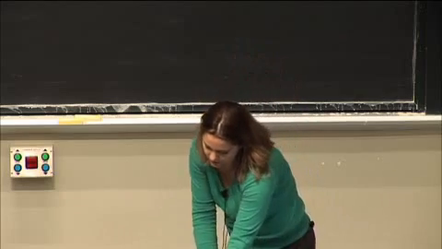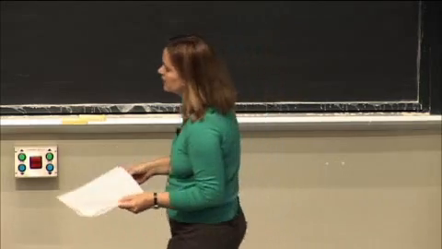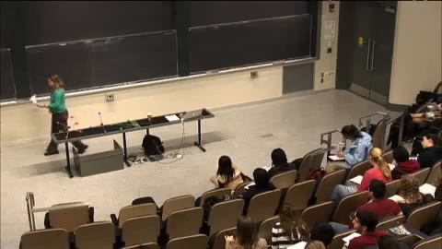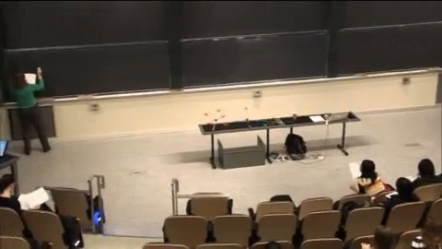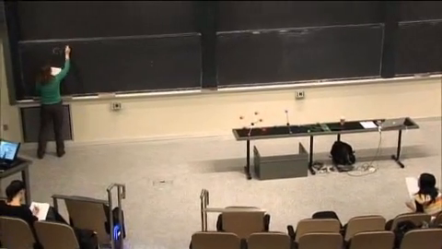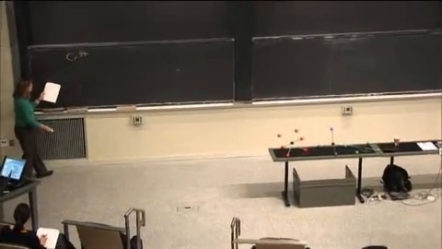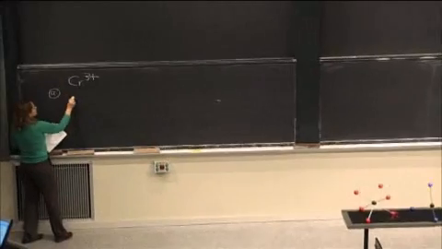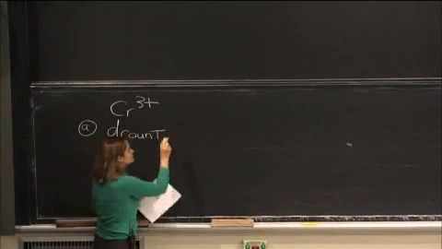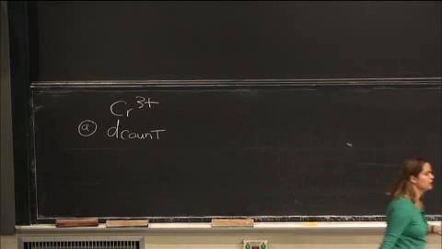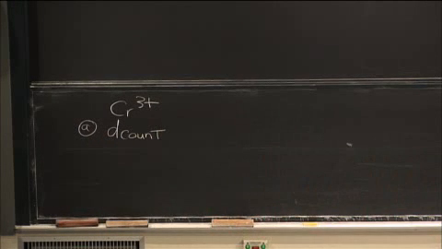All right, so let's look at an example. We're going to consider a chromium. Like we did before, we have to first figure out the d count. So we have chromium plus 3. What is our d count here? You know where chromium is, what its group number is. Here is a periodic table.